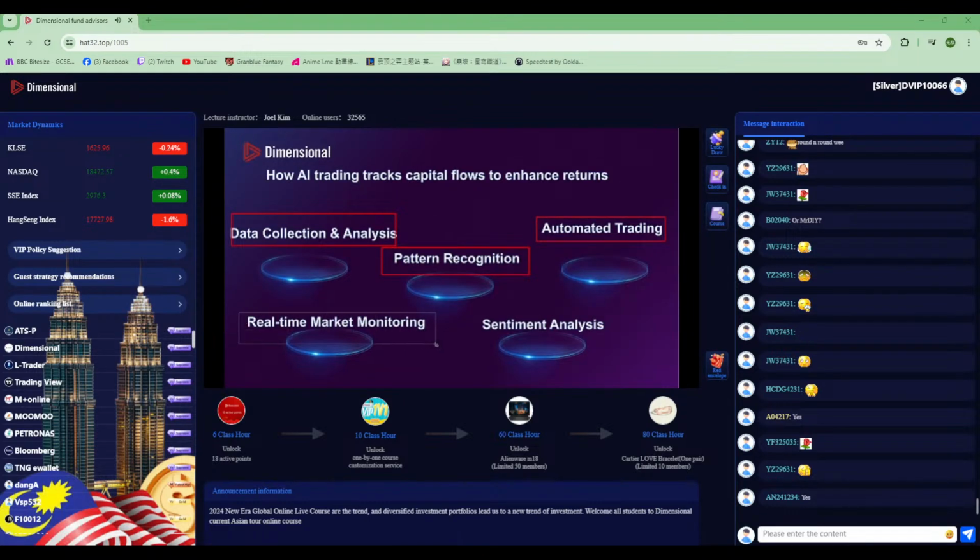Okay, now real-time market monitoring, which means that AI continuously monitors market data and capital flows in real time.